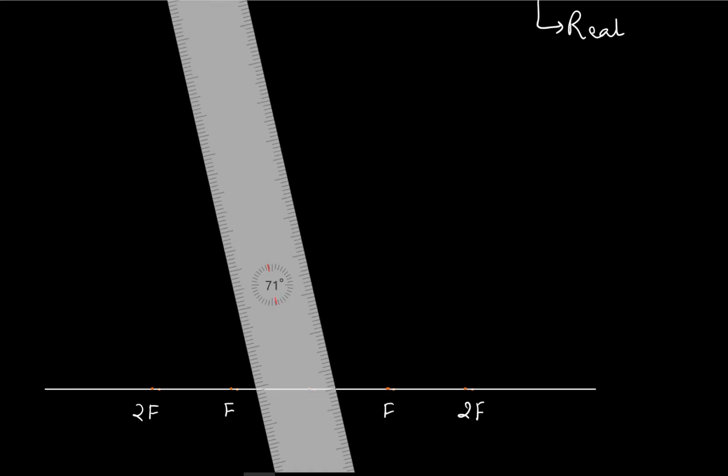So now I'm going to first mark my F and 2F. This is my F and this is my 2F. And now I'm going to draw my lens.